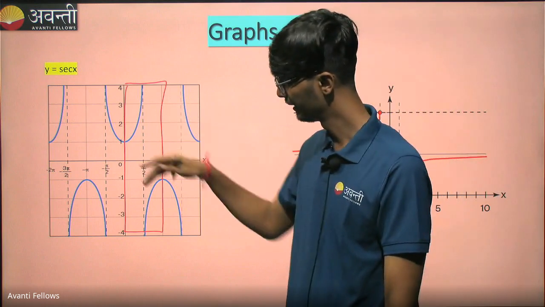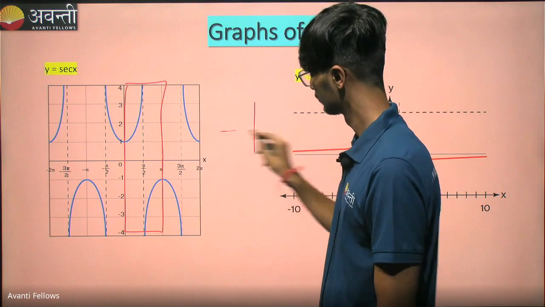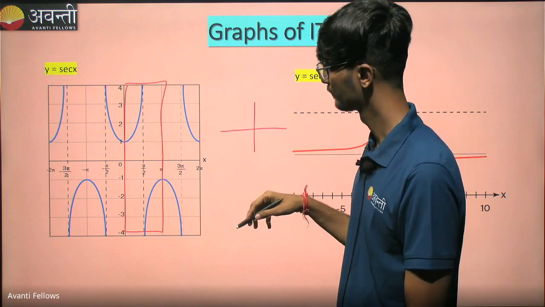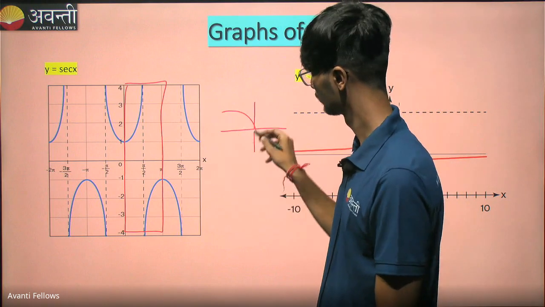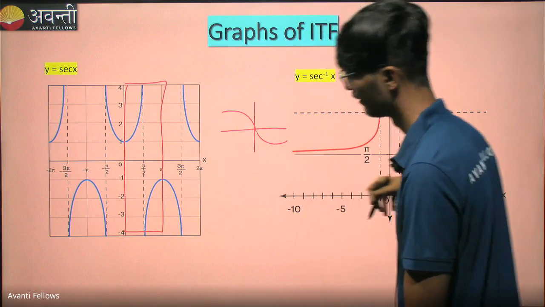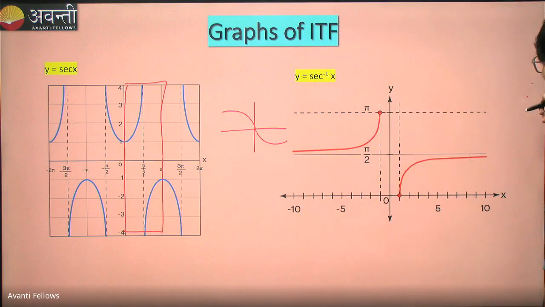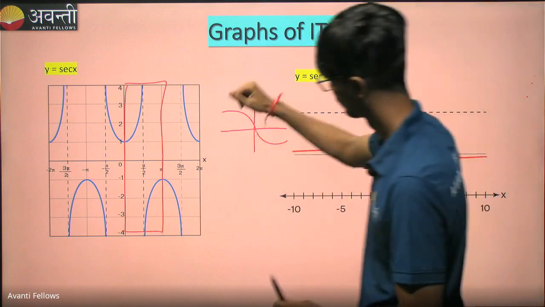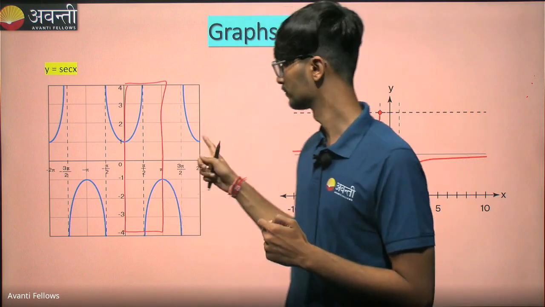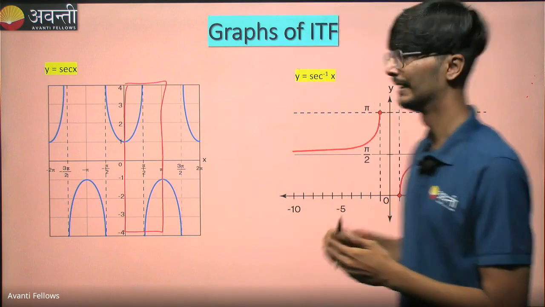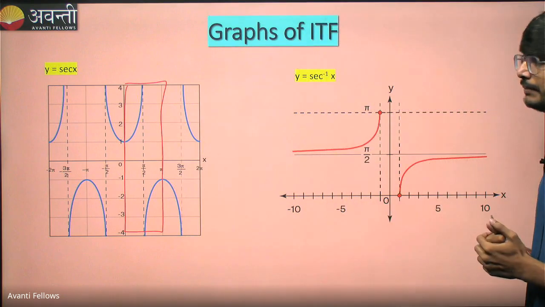If I rotate 90 degrees anti-clockwise, what will I get? Something like this. No, I did it wrong. Okay, I hope you got it. 90 degrees anti-clockwise, and then take the mirror image.